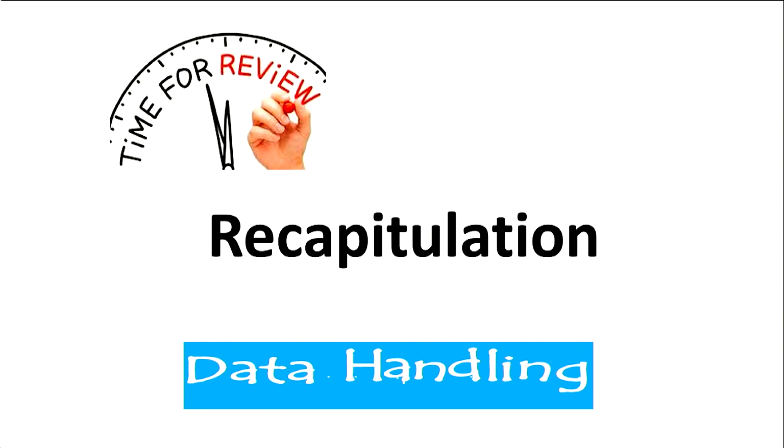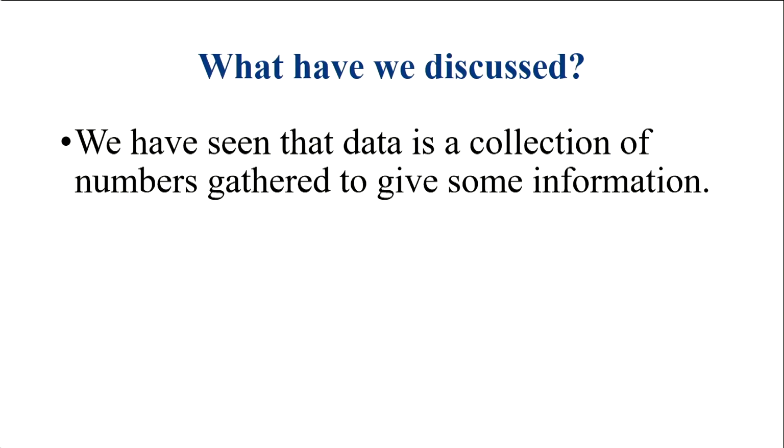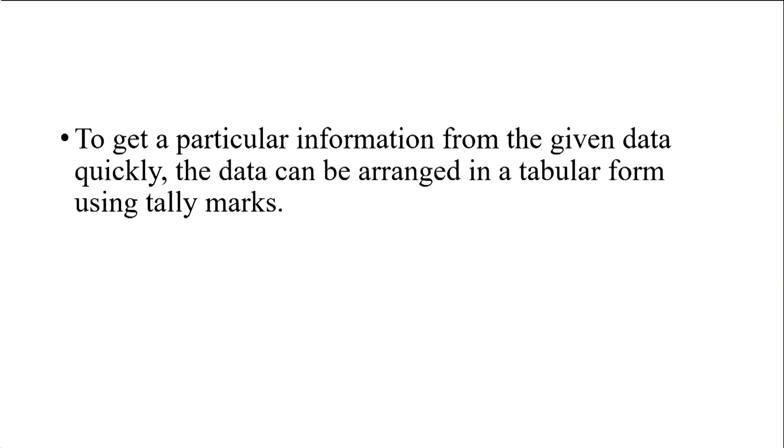My dear students, you have learned something about bar graphs as well as pictographs. Let us understand what you have learned in this session. We have seen that data is a collection of numbers gathered to give some information. To get particular information from the given data quickly, the data can be arranged in tabular form using tally marks.